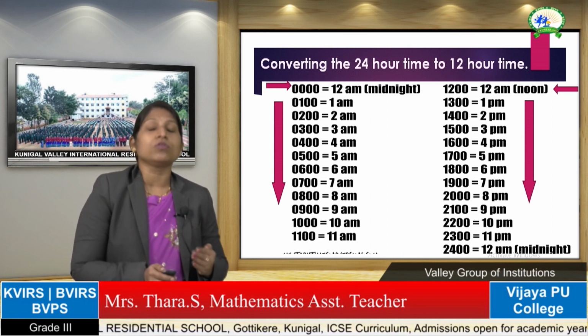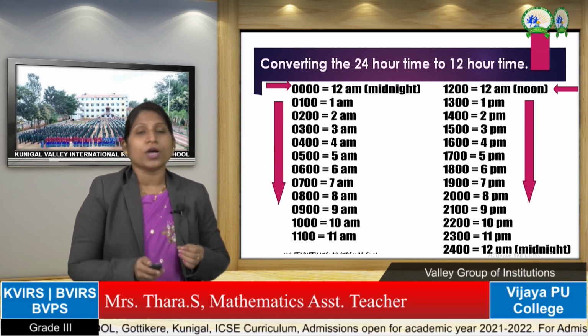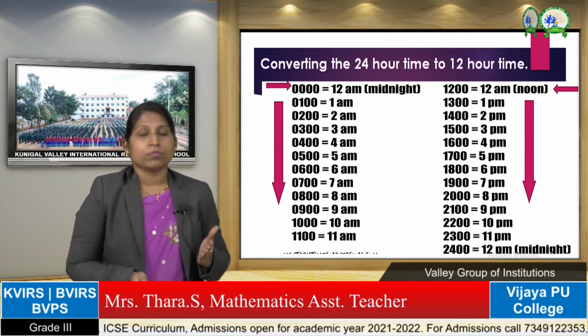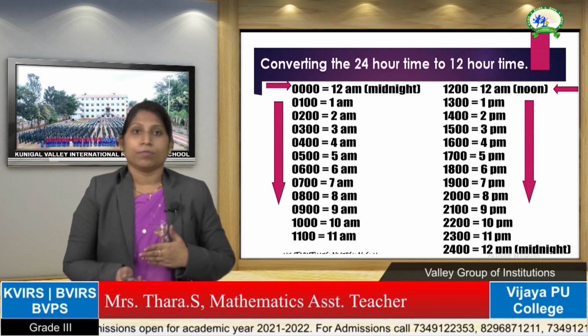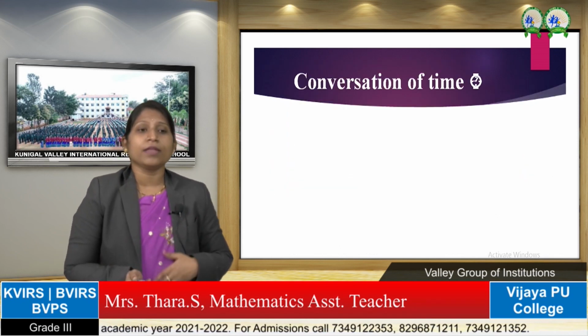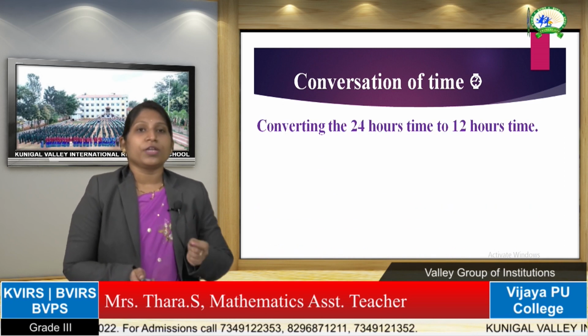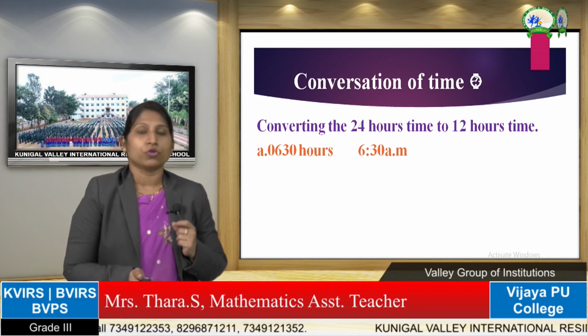Like this only you have to subtract 1200. 1200 you have to subtract from the hours time, okay, to tell the 12 hours time. Understood, children? And then conversion of time. Now converting 24 hours time to 12 hours time. I will show you how to do this one.